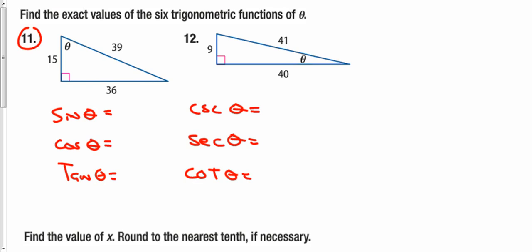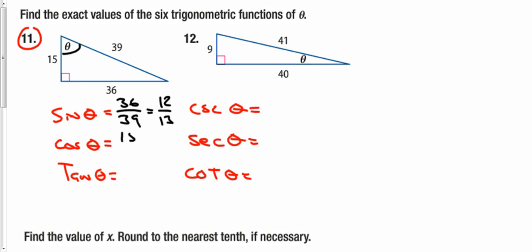So sine, look at the angle that I'm starting with. I'm starting with theta, which is right there. Sine is opposite over hypotenuse. So that's 36 over 39. Don't leave things that are not reduced, okay? So reduce this to 12 over 13 for sine. Cosine is going to be adjacent over hypotenuse.